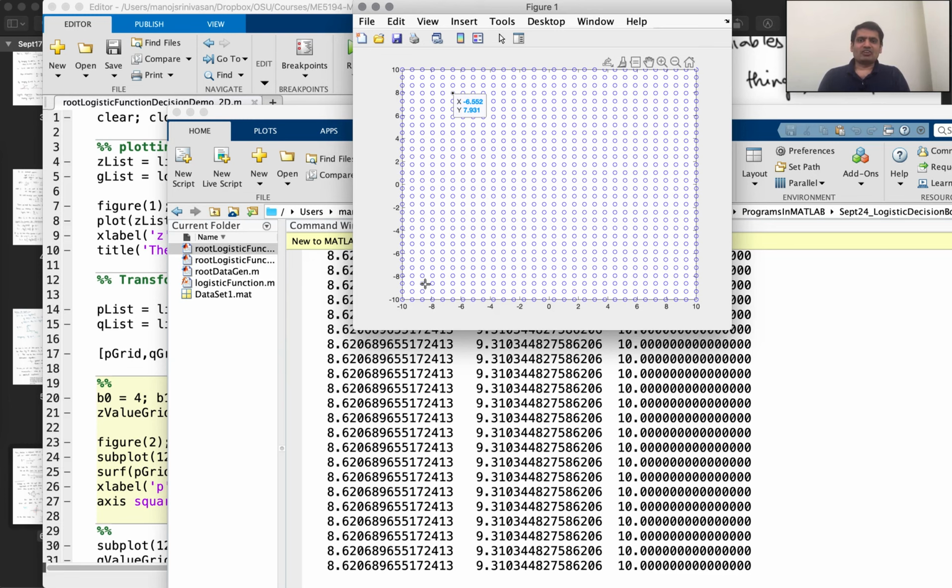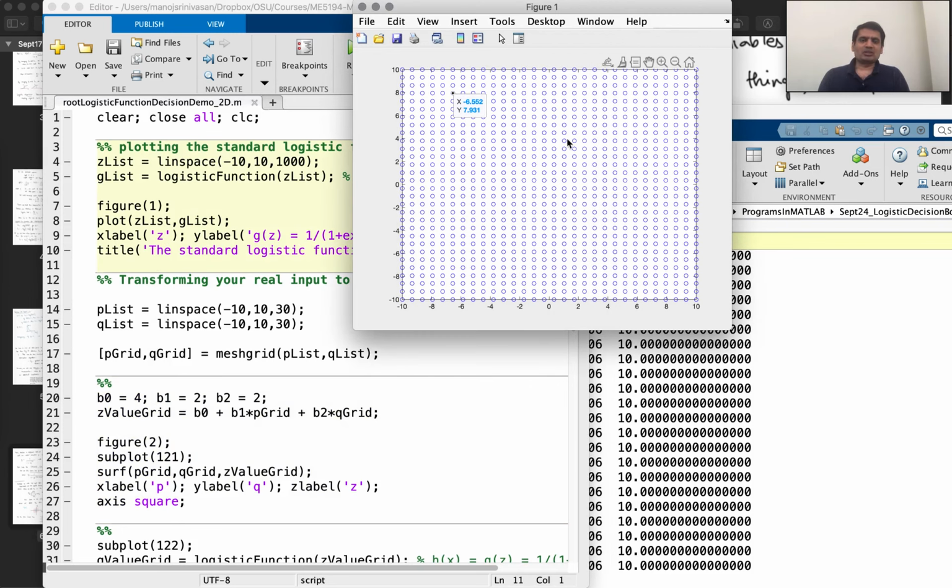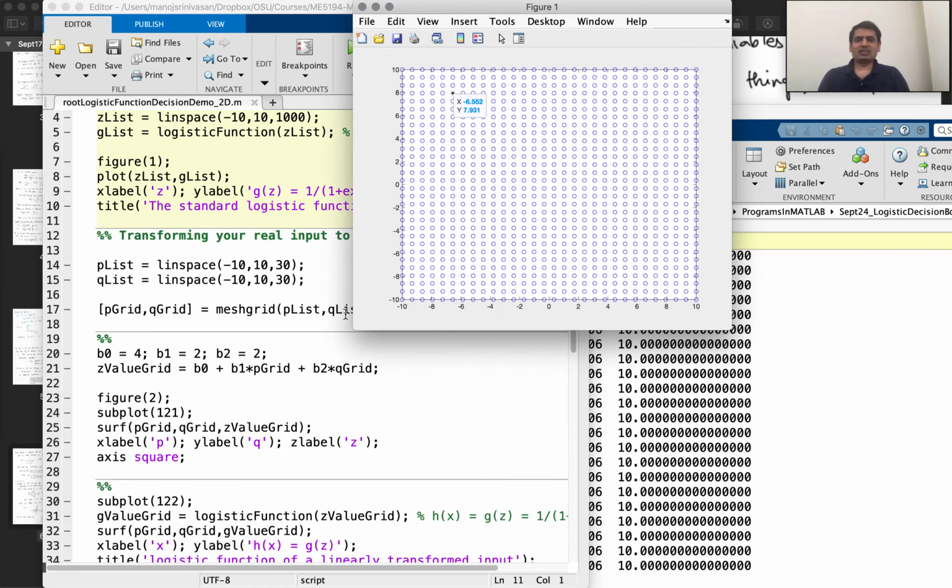Okay, so now if we evaluate some other function on every possible grid point on this grid, you will be able to plot surface plots and things like that. So using meshgrid allows you to basically mesh a two-dimensional square or rectangle.